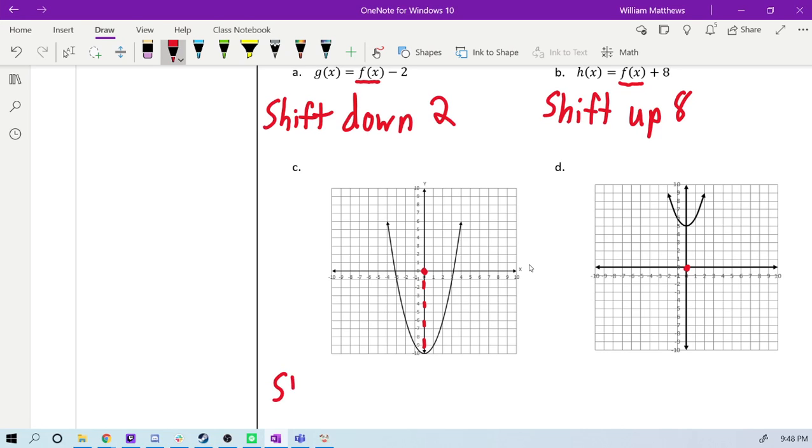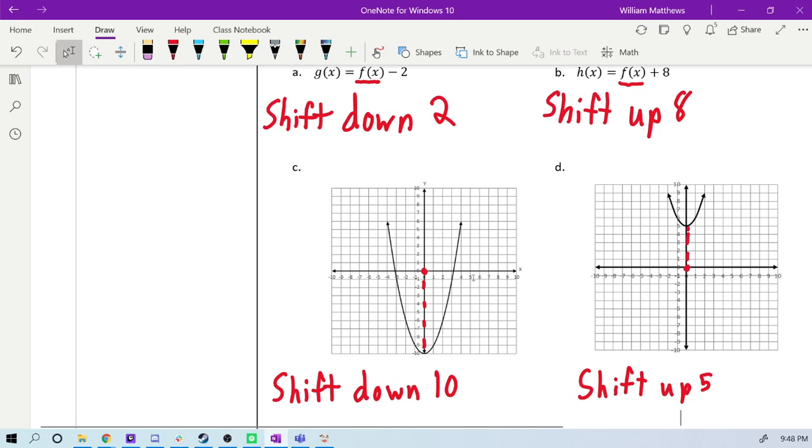So when we move down, we say that as a shift, and we went down 10 units from the origin. And then for D, our last one, we took from the origin and we moved up to 5. So we can say that we shift up 5.